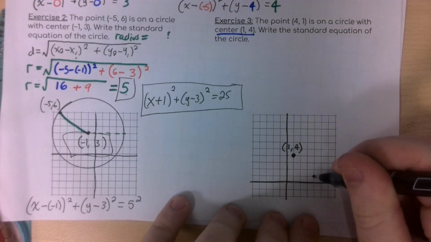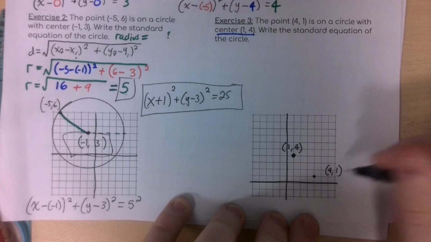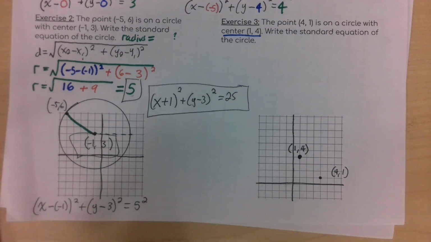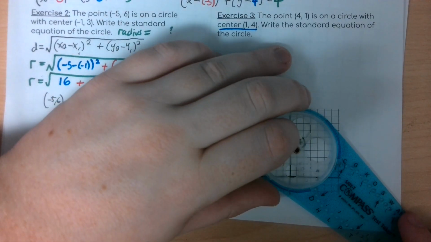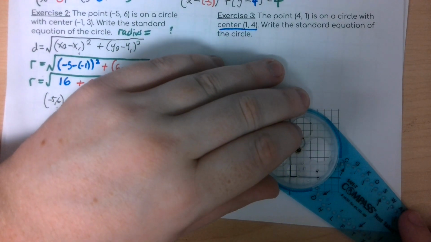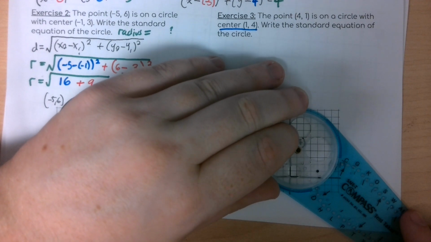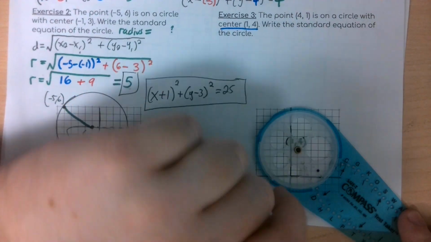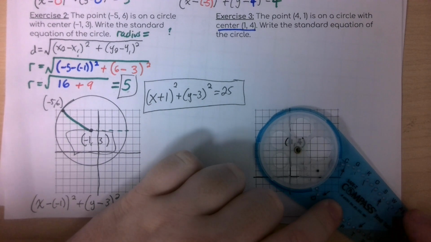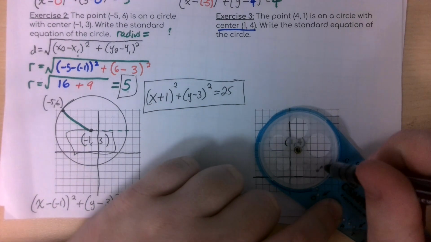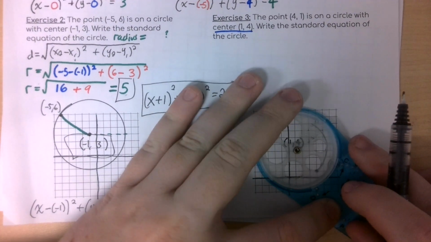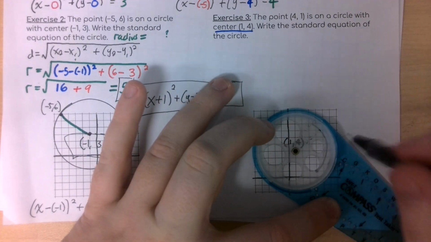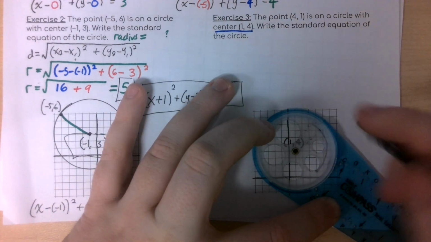So, if we also have the point 4, 1, we can take our compass, and once again, try and find what circle matches best. I think this one works out perfectly. I'm going to keep my compass centered, and I'm going to, oops, just after I said keep it centered, it slipped, so let me try that again. I'm going to keep my compass centered, I said.